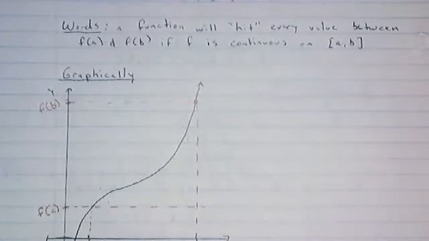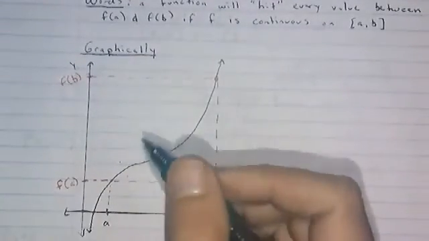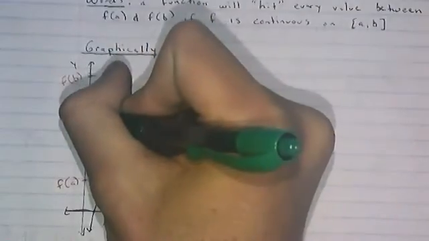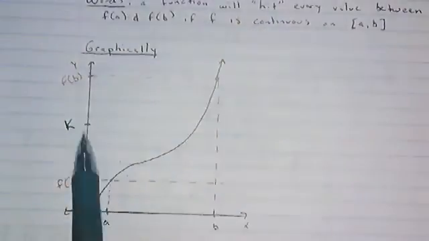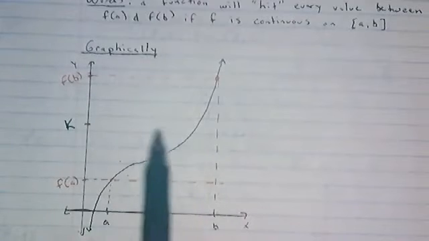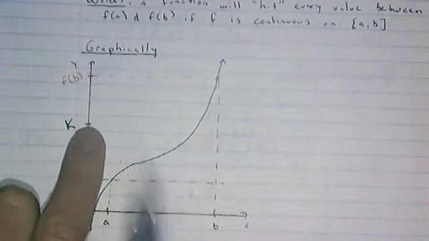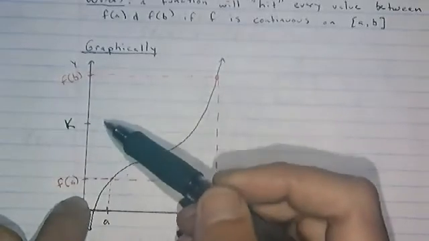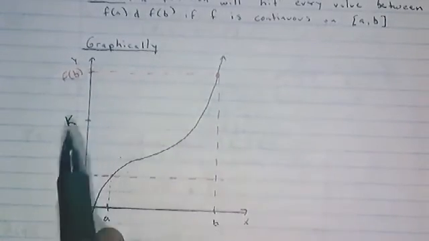And so if we choose some value k, and if k is indeed between f of A and f of B, and notice that k determines C, not the other way around. K is chosen first. We know that because this is between those two values, there's got to be somewhere on this interval that will produce this value. And graphically, we can see it.